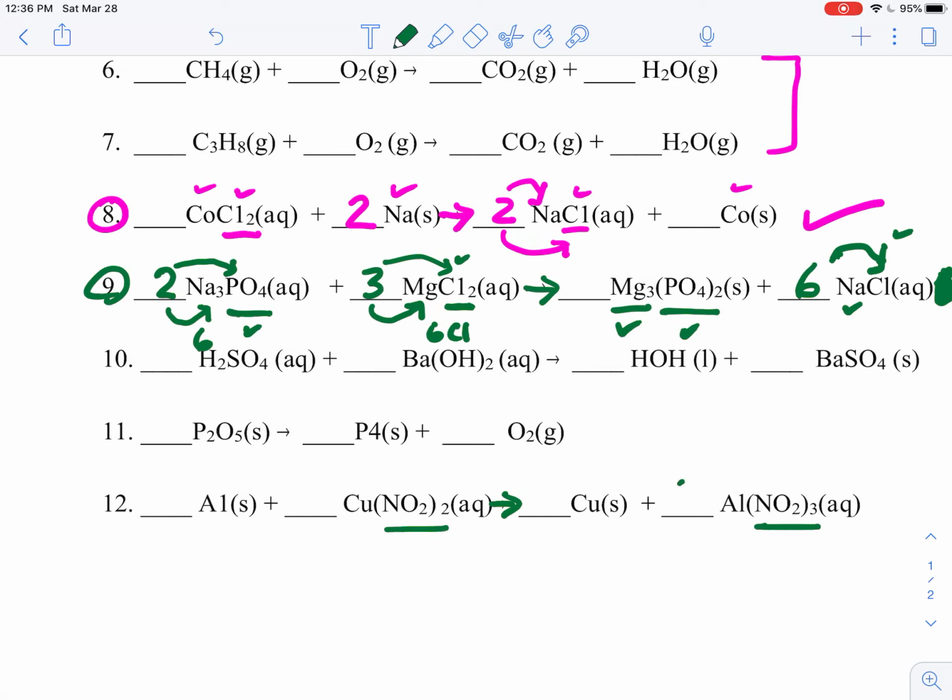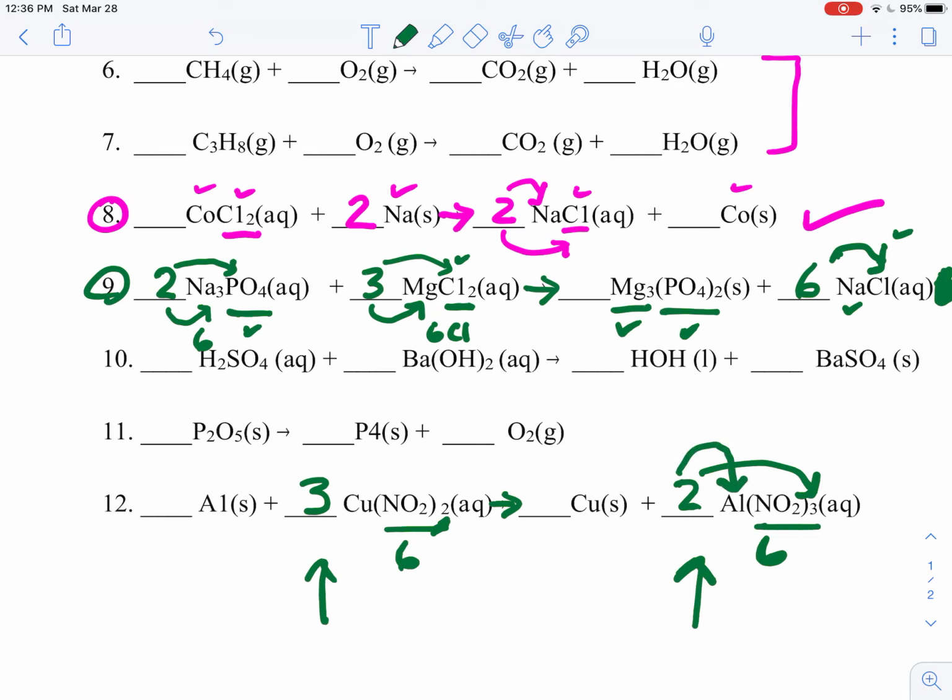So 3 NO2s, if I put 2 times 3 NO2s, I will make 6 of them. Over here, if I put 3 times the 2 NO2s, I will make 6 of them. And so using coefficients that will make them equal to the same number, like 6 on each side, is the trick. Don't forget to go back and see how that changed everything else.